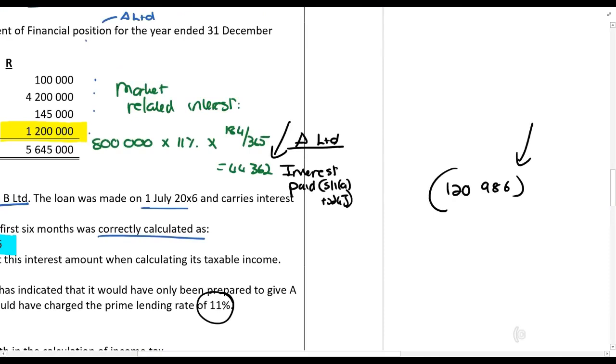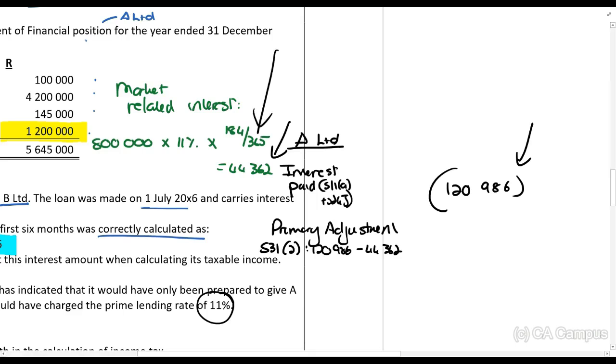This is how much you did deduct. So your primary adjustment, section 31.2, will fix that. 120,986 minus 44,362 gives us the amount that we deducted too much. We should have only deducted 44,000, but we deducted 120,000. So we add back 76,624. This fixes our situation, and you can then have your taxable income.